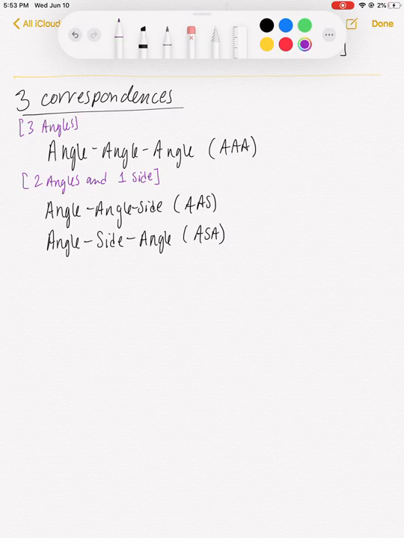How else can we write three correspondences? Well, we have all three angles. There's two types with two angles and one side. We can also have two sides and an angle. Okay. Let's see. So two sides and an angle, so that'll be side, side, angle.